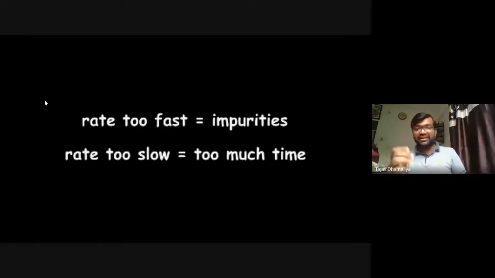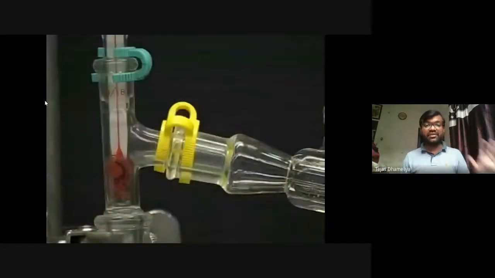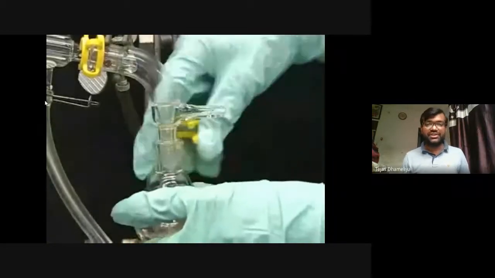Here the dropping rate matters if it is too fast, because fast heating and fast cooling will give impurity. If it is too slow, then it will take a lot of time. So it's suggested that it should be adequate. They have suggested 10 drops per 1 minute. Okay, so we can control this accordingly.